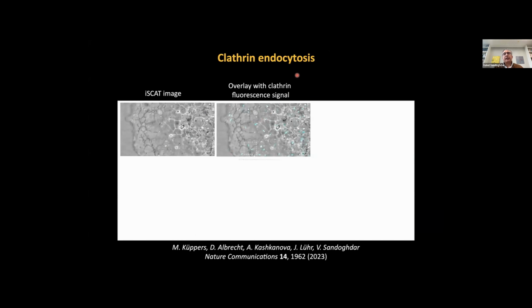Another application that I'd like to show is clathrin endocytosis. So here's an iSCAT image. Again, you see that there are parts that are dark or bright. That has to do with this phase difference. But then you also have a whole bunch of small dots or black spots.